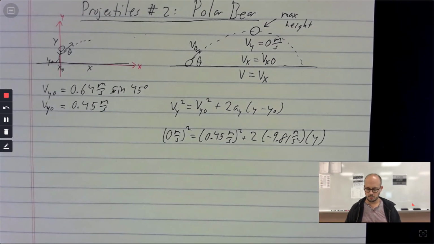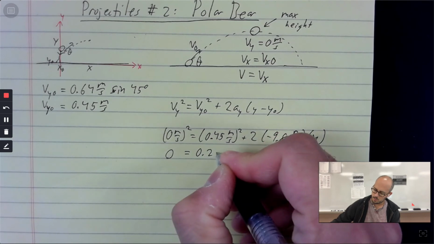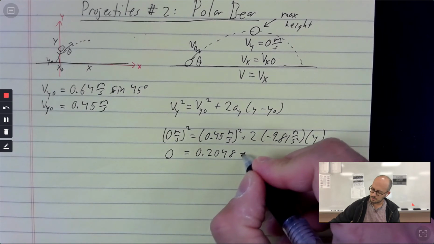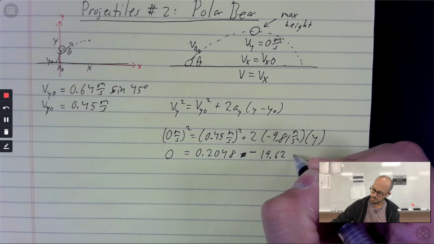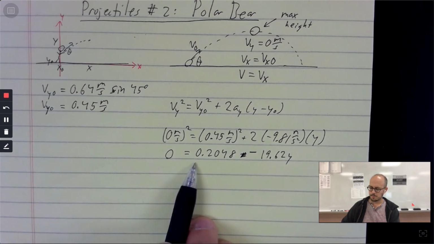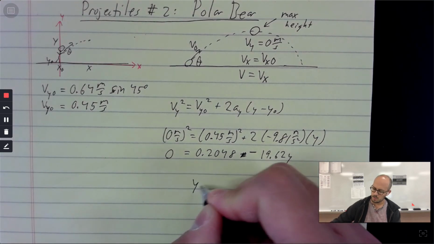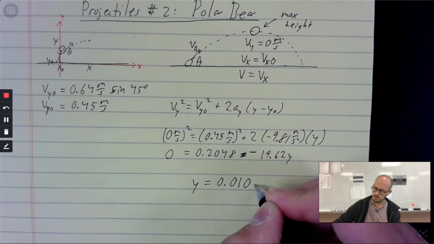So I would do 0.45 squared and simplify this to 0 equals 0.2048 minus 19.62 times y. I would solve that by subtracting 0.2048 from both sides and then dividing by negative 19.62 to get a final value of y of 0.010 meters.